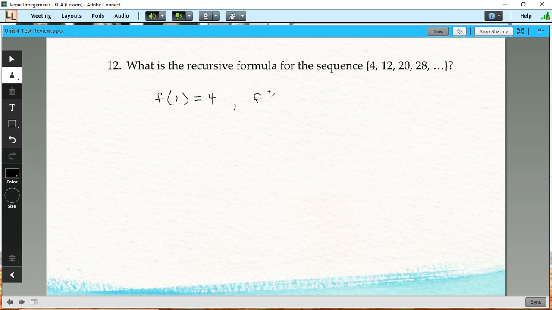Once we have that, we're going to find our f of n, which is going to be equal to f of n minus 1, the previous value in the sequence. And this time, our common difference is 8, so we're going to add 8 each time. And this is, again, for any n values greater than 1. So that would be our recursive formula for that sequence.